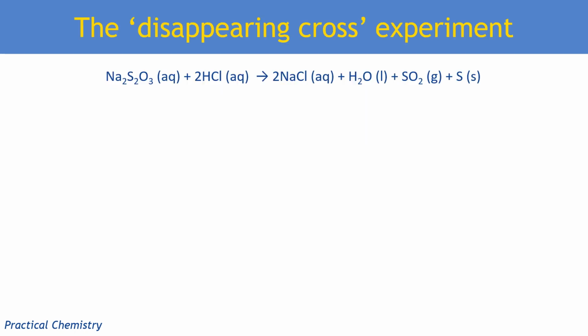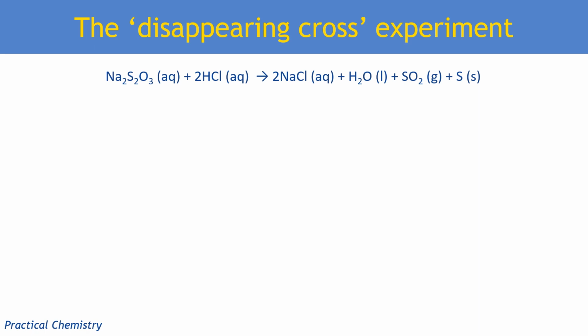And you've seen a very simple version of a clock reaction before, also at GCSE, which is the disappearing cross experiment. So that's the reaction for the disappearing cross experiment. You're mixing sodium thiosulfate, which is going to come back later in this video, and acid.